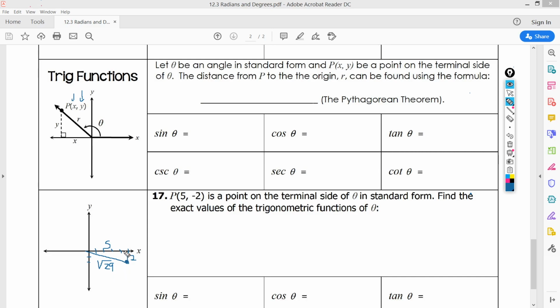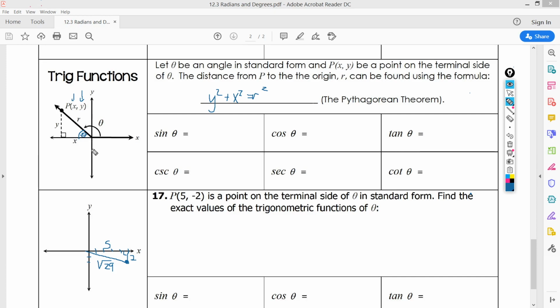And now you have this triangle. Now you can do SOHCAHTOA stuff with it, okay? So if I do that over here, my Pythagorean theorem formula is just going to be y squared plus x squared equals r squared, okay?